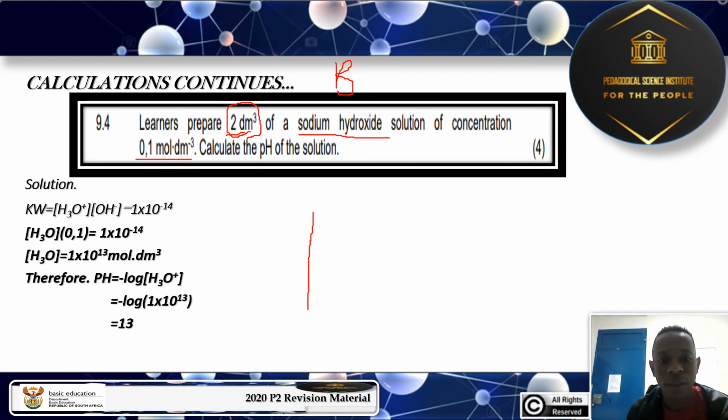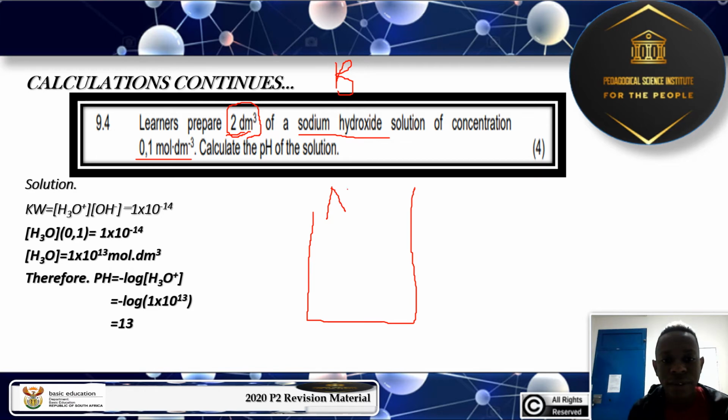the pH. I'm going to do it like this so that it can be simple for you. We are given sodium hydroxide. Don't mind my handwriting, guys. Okay, we are given a volume, we are given a concentration. That's what we are told.